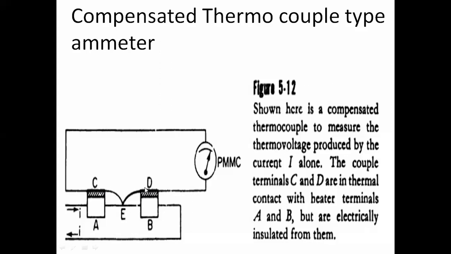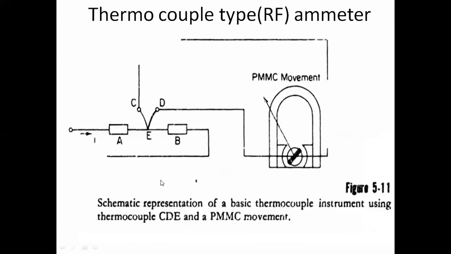This is the C point and the D point. In the previous figure, these are the C and D. Actually there was no connection shown in the figure. So there is a connection with C, and here also we have a connection. Here again this is the thermocouple metal, and this is another joint metal. Some copper wire is joined, with the copper wire we join the meter to the thermocouple metal.